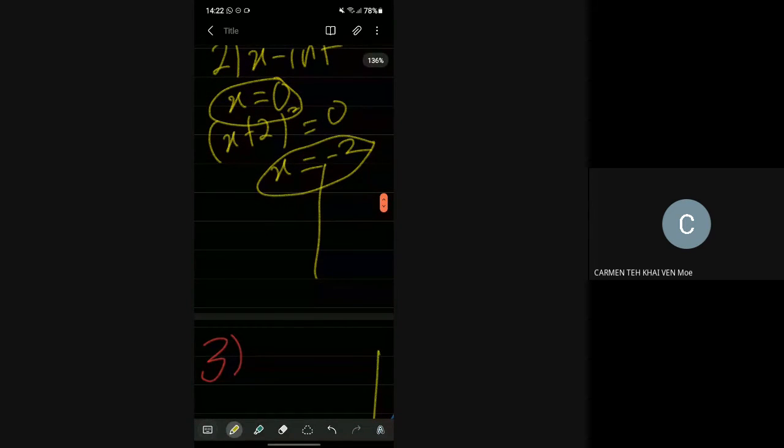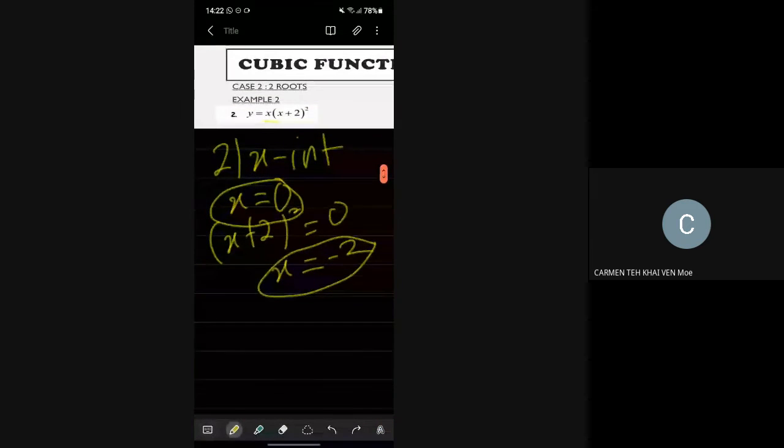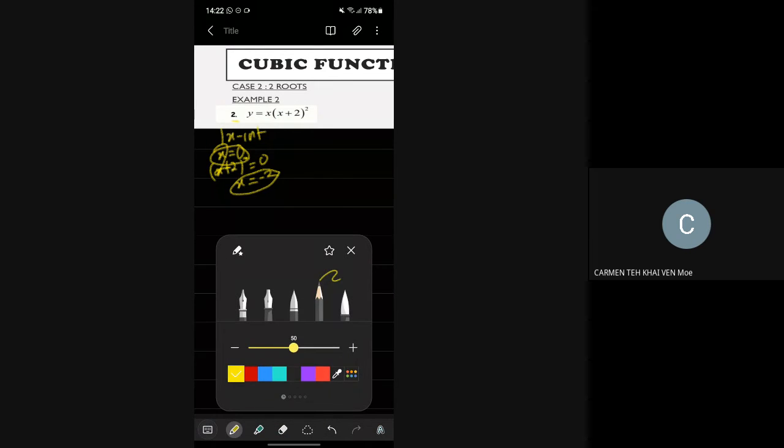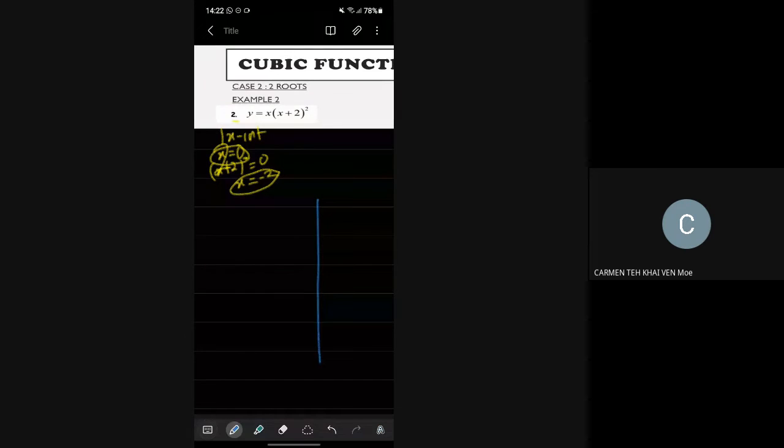The last step is we will draw the graph. The 0 is here, the negative 2 is here. So the graph passes through 0, turns, and passes through the other intercept. So this is the shape of our graph.